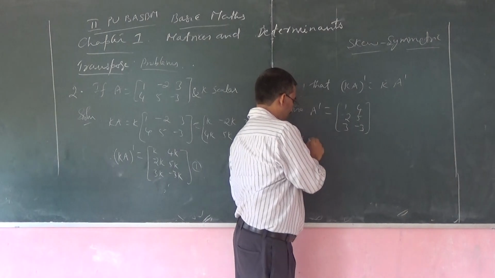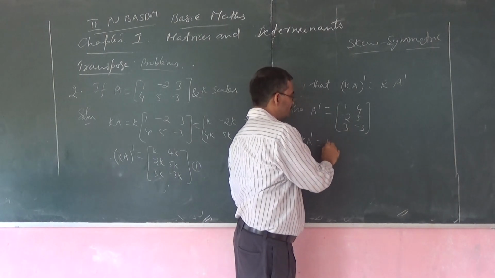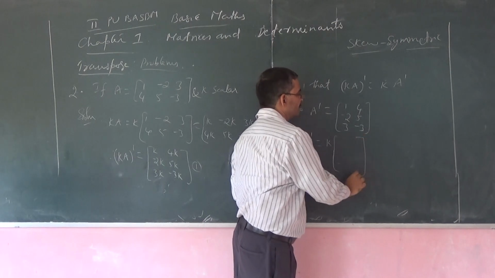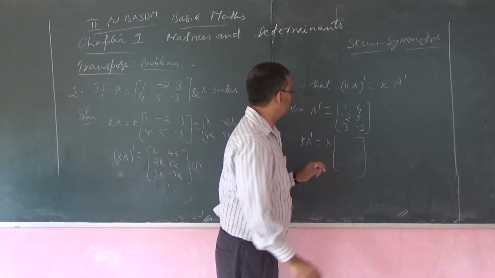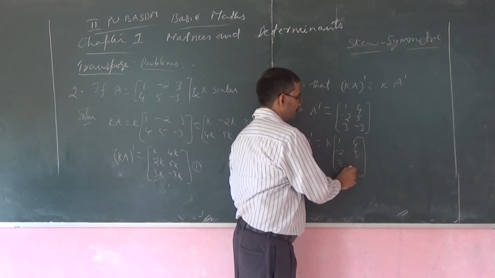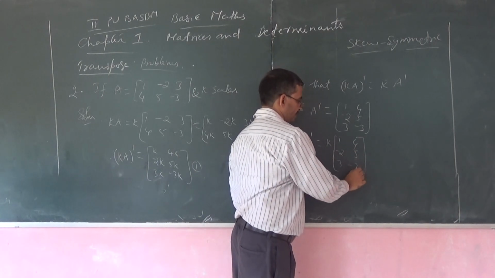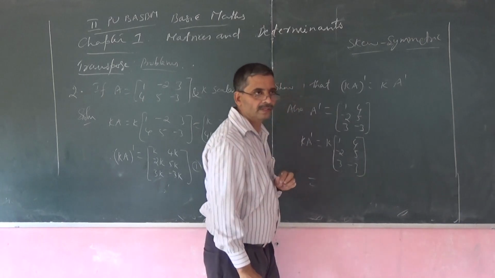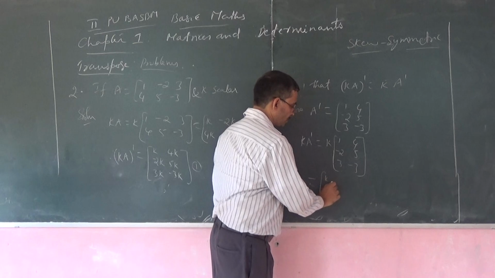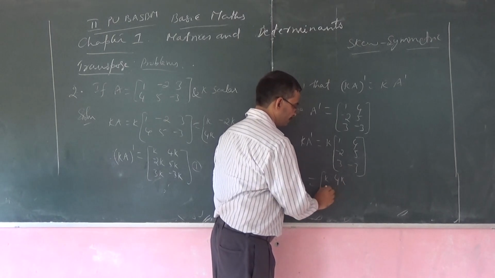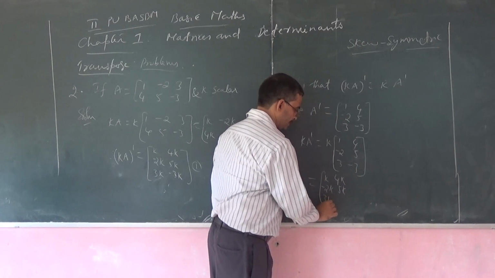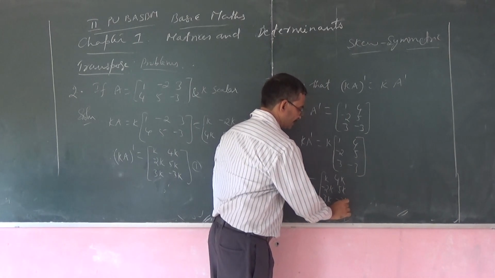Now what is K times A dash? K into this matrix A dash, 1 4, minus 2 5, 3 minus 3. Multiply and solve. K into 1 is K, 4 into K is 4K, minus 2K, 5K, 3K, minus 3K.